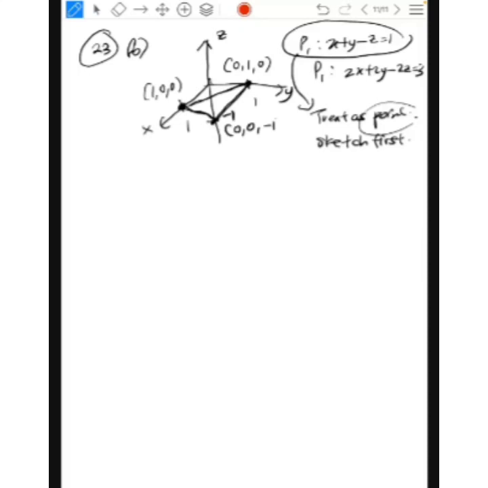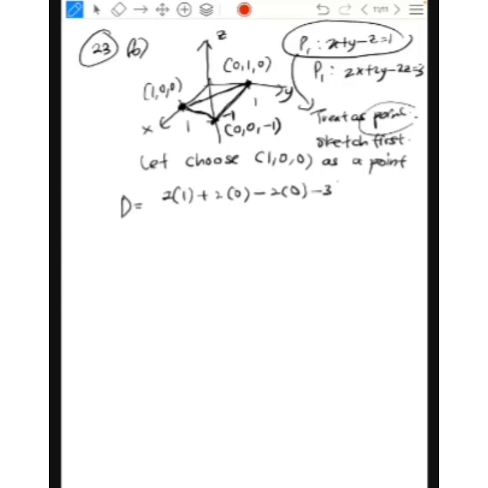Okay, let's say I choose 1, 0, 0 as a point. Okay. Then my D will be 2 times 1, okay, the y is 0, the z also 0, minus 3. Okay, don't forget to bring the 3 to left hand side.